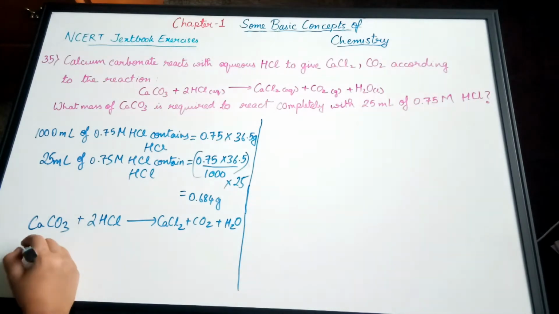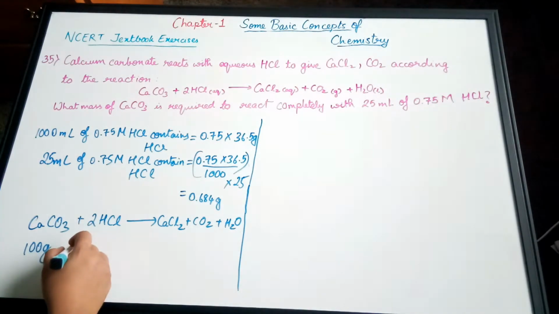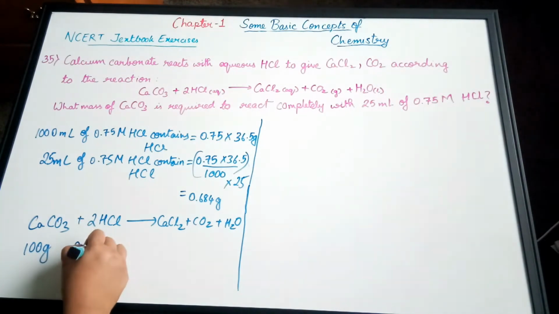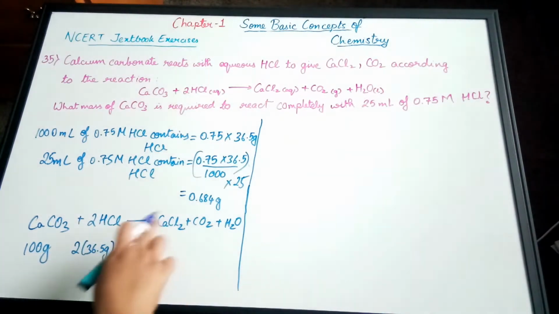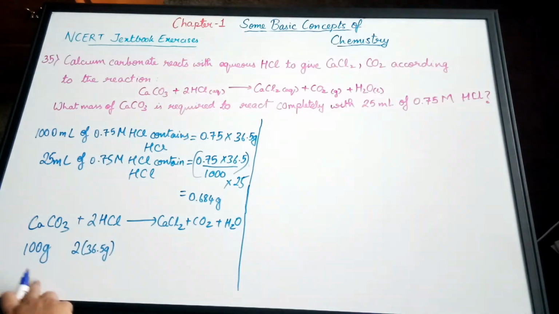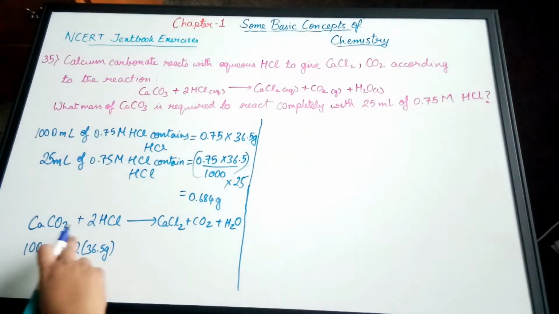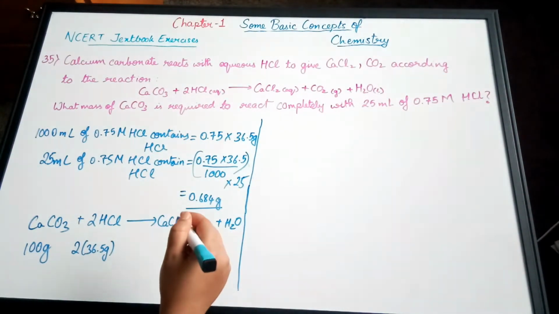So here 100 grams of CaCO3, which is its molecular mass, reacts with 2 into 36.5 grams of HCl to form these products. We are not concerned about the products, we are more concerned with the reactants. We need to know the mass of calcium carbonate required to completely react with 0.684 grams of HCl.